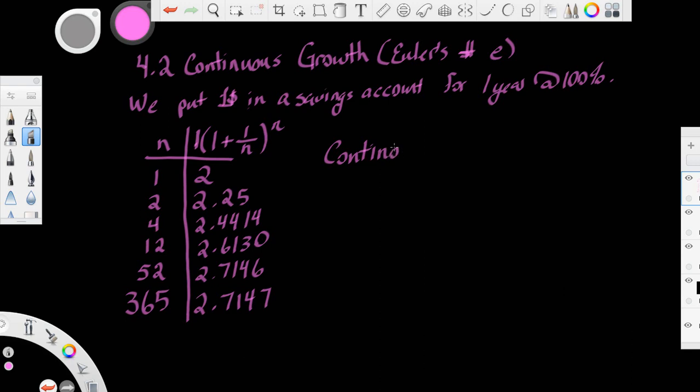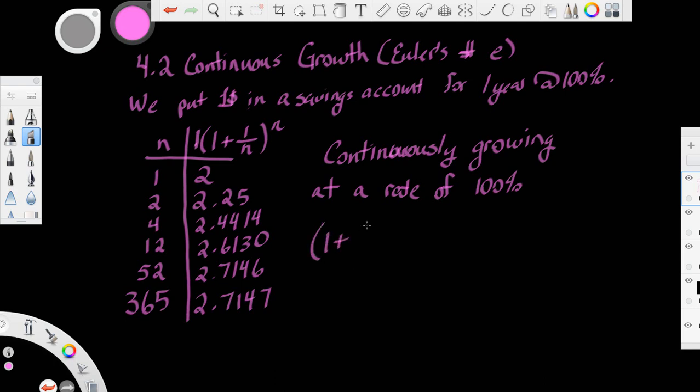So when we do something continuously, here's what happens. If we have something growing at a continuous rate of 100%, then it's actually going to get closer and closer to a specific number.